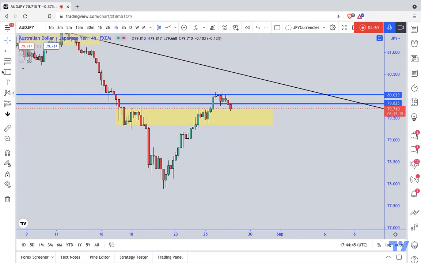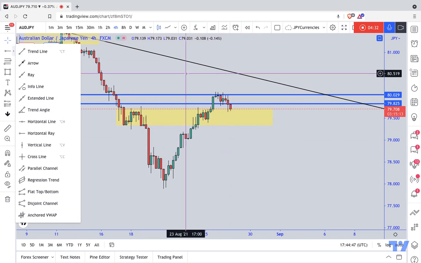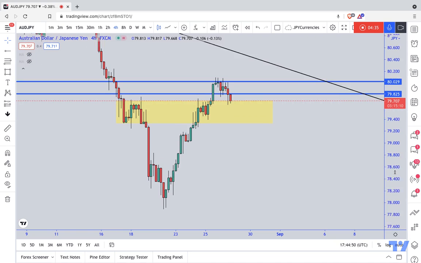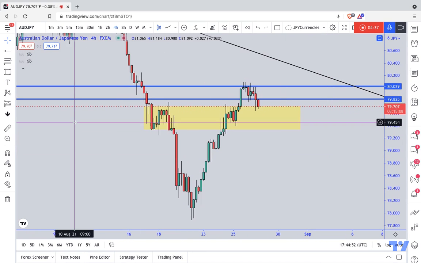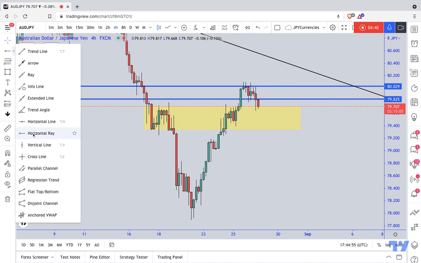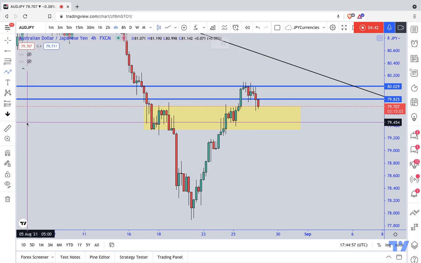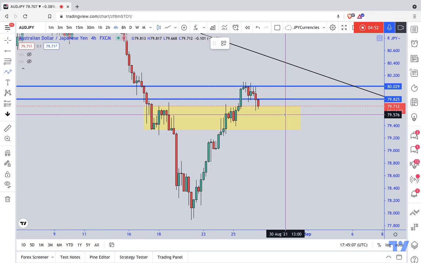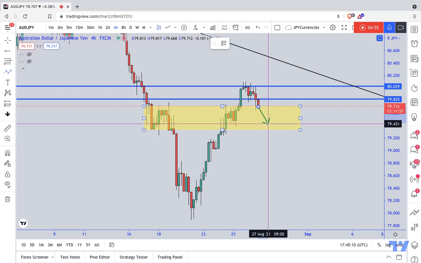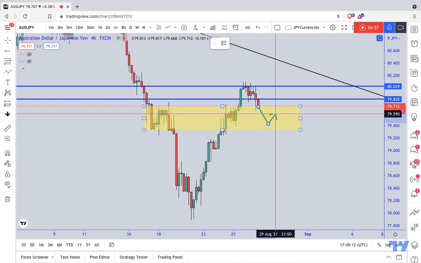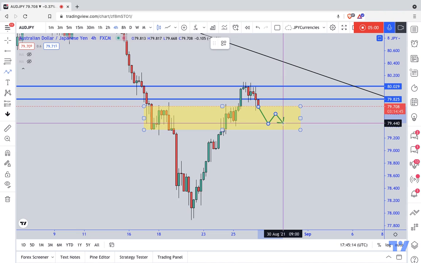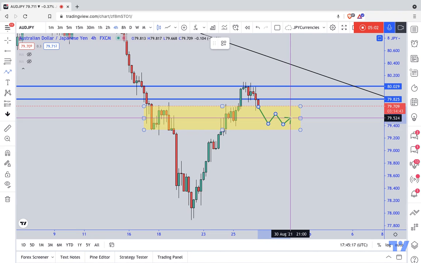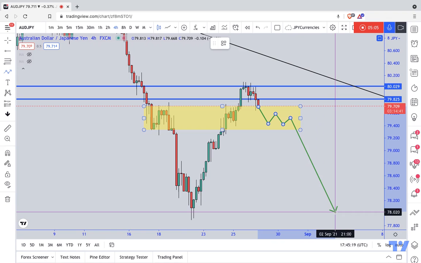So what I'm expecting is, with some volatility expected to come into the markets tomorrow, I'm expecting this maybe to range in here until Powell speaks tomorrow, and once Powell is done, we make new lows.